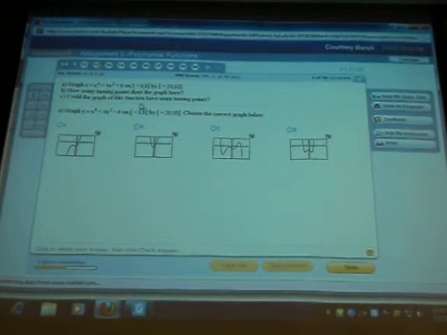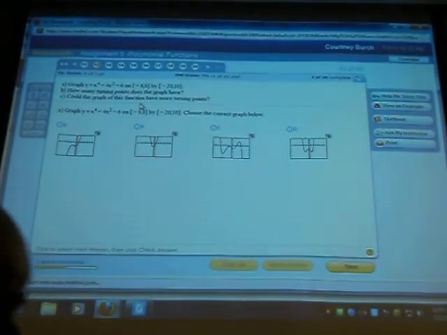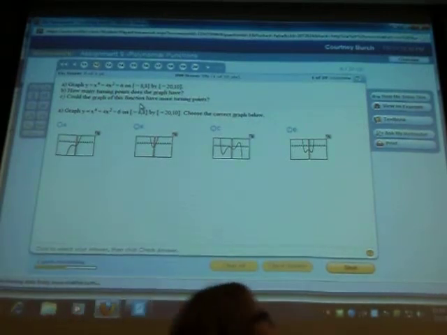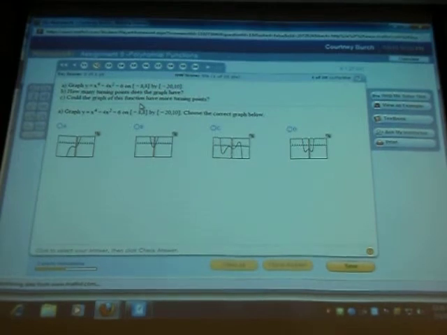The first x has a coefficient of positive 1. What is the degree here? 4. Okay? So I'm in the positive even category. Which ones can I rule out? A and C. A and C would have odd degree because they're going in opposite directions. So I know A and C are out. I'm looking at either B and D. I don't actually know what the graph looks like, but I would bet money it's D.